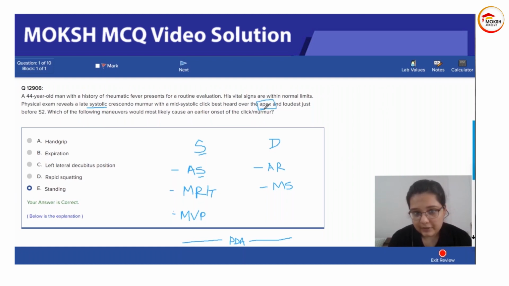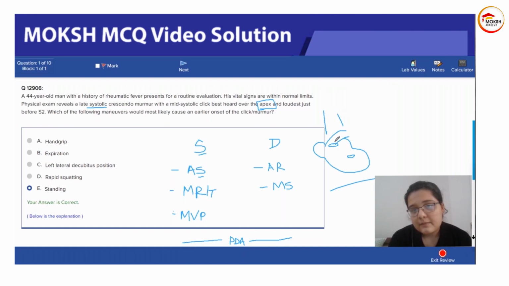Now this is important. Your aortic stenosis. Here is your aortic valve. Here is your mitral valve. Just imagine this is your heart or something. I'm not really drawing it well here, but this is your mitral valve, this is your aortic valve. Here is your neck. Here is your diaphragm.